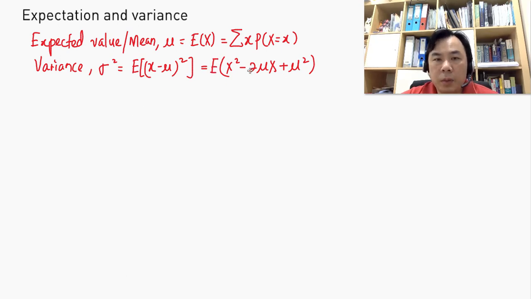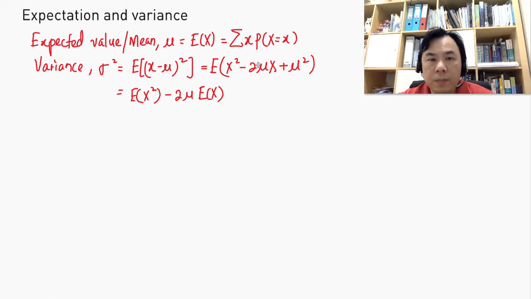Okay, so that's what we have. And then from here itself, we can apply some of the properties of the expected value. So that will be the same as E[X squared] here, and then minus 2 mu E[X], because the mu itself is a constant, plus the expected value of mu. Expected value of mu is just simply mu there.